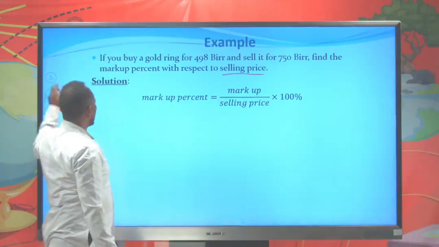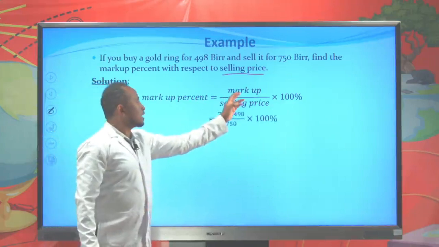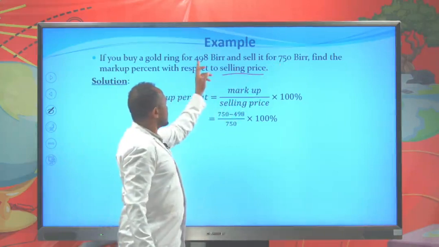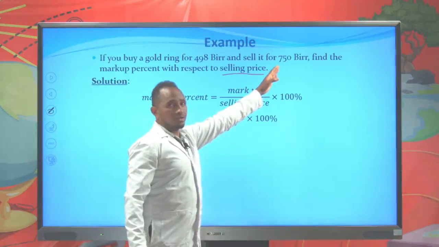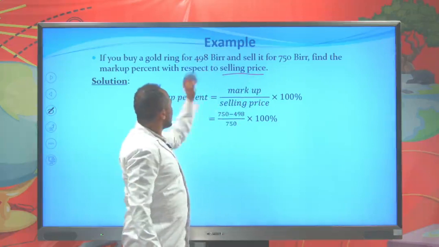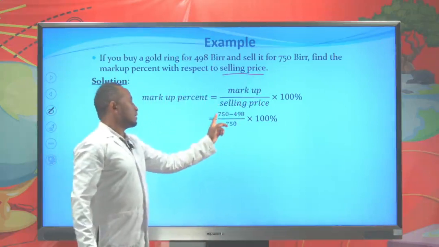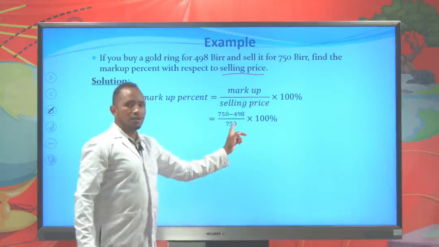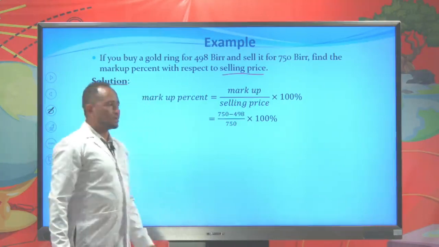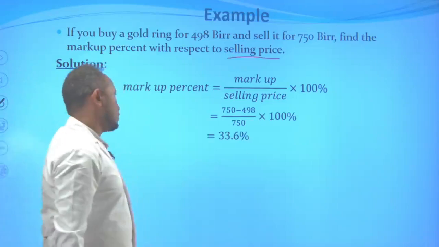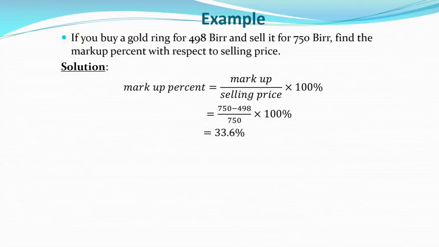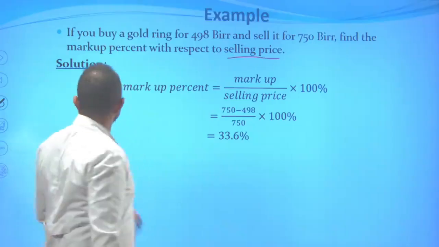Therefore, markup is the difference between selling price and cost price. The selling price is 750, given here, and the cost is 498. So 750 minus 498 divided by the selling price, 750, times 100%. So this is equal to 33.6%. This is the markup percent with respect to selling price.